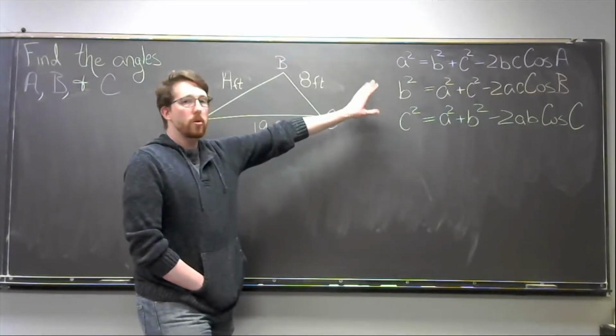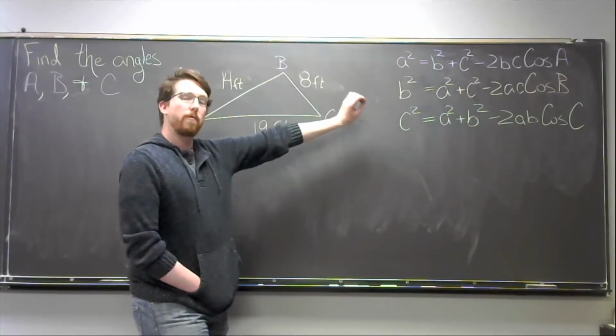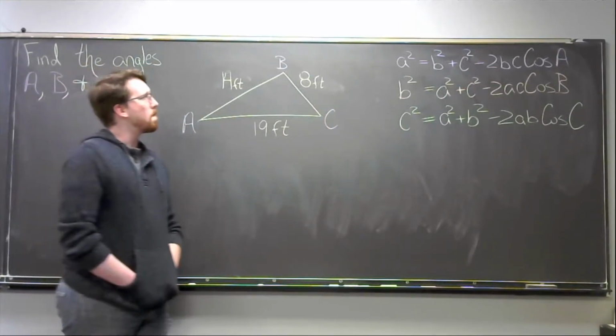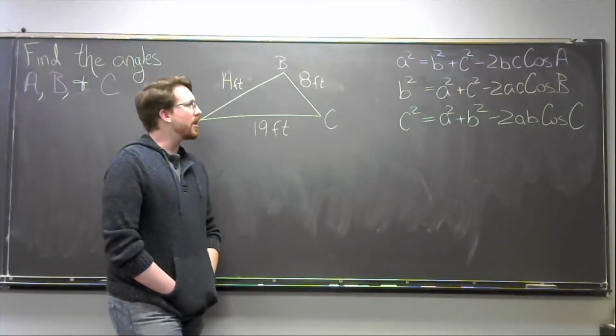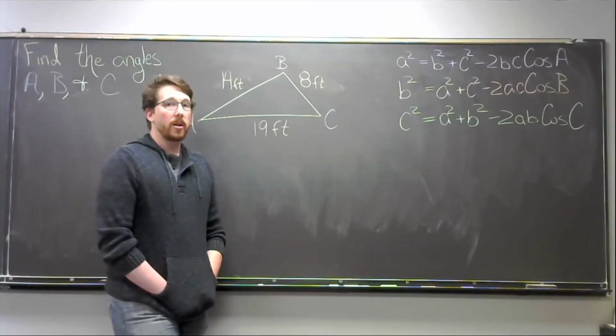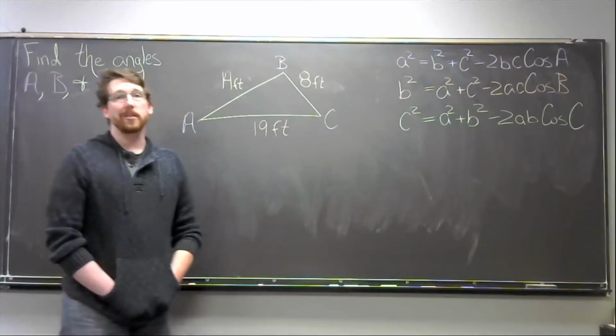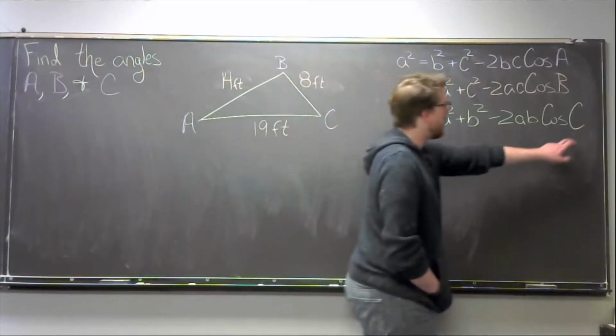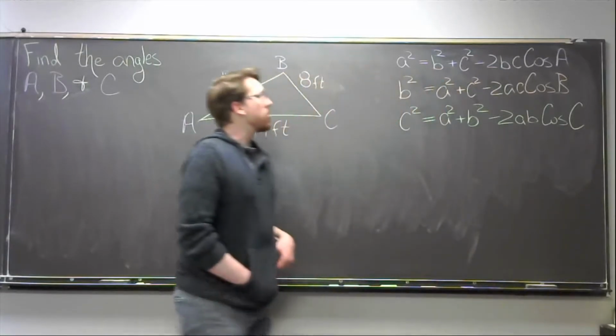So these three equations form what's called the law of cosine. And like I said, all it's here to do is give us a way of relating the length of all three sides to just one angle.